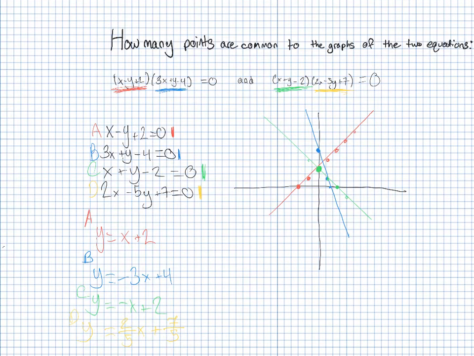Alright, and then we only have one line left to draw, which is D. So we know the y-intercept is 7/5. So 7/5 is going to be somewhere right around here. And we know the x-intercept is going to be negative 3.5, because when y equals 0, negative 3.5 times 2/5 plus 7/5 is equal to 0.